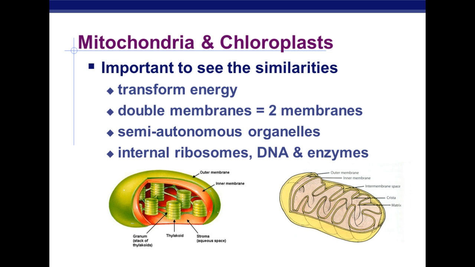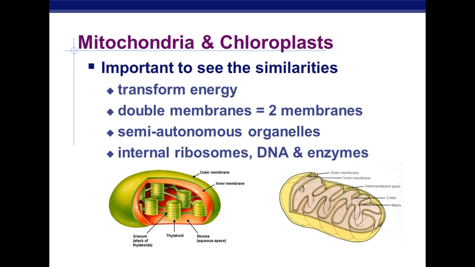Next is that both of these organelles are semi-autonomous, meaning they can both move, change shape, and reproduce all on their own. These two organelles can move, change shape, and reproduce all on their own. So hold that thought because we're going to come back to it.